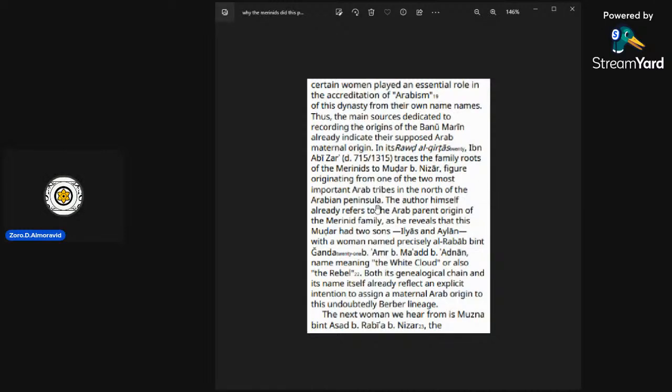The author himself already refers to the Arab parent origin of the Marinid family, as he reveals that this Mu'tar has two sons, Ilyas and Ailan, with a woman named precisely Al-Rabab. So both its genealogical chain and the name itself already reflect an explicit intention to assign a maternal Arab origin to this undoubtedly Berber lineage.